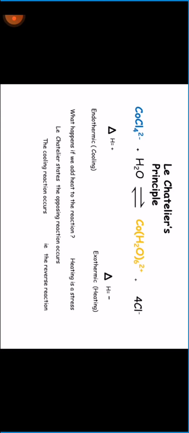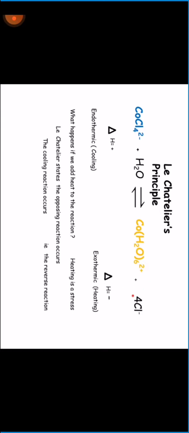So if I heat it up, the first thing is heating is a stress. So we know that according to Le Chatelier's principle the reaction will change itself in order to counteract this stress. So if you heat something up, it's automatically going to want to cool down. So with Le Chatelier's principle, the opposing reaction occurs, so we'll want the reaction to cool down, and that is the reverse reaction.